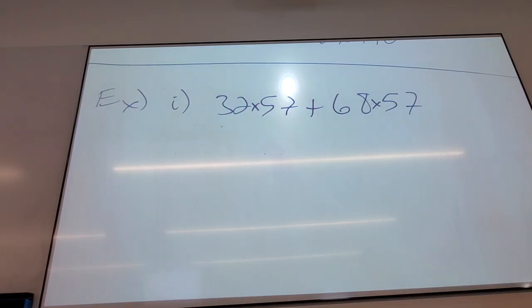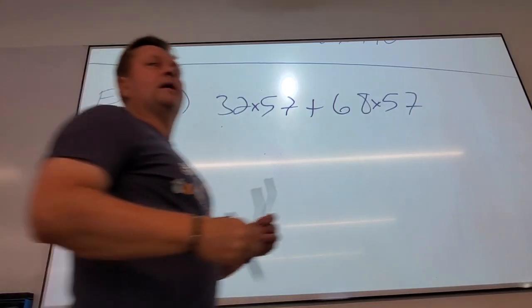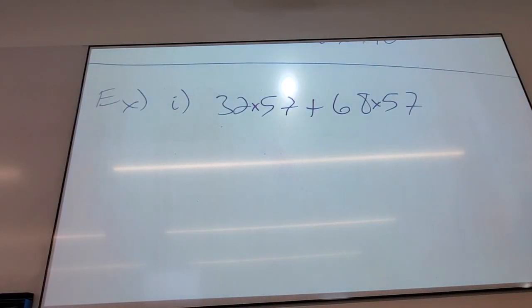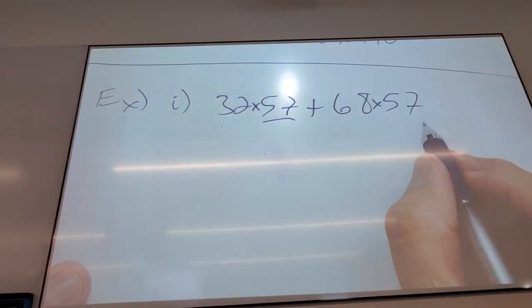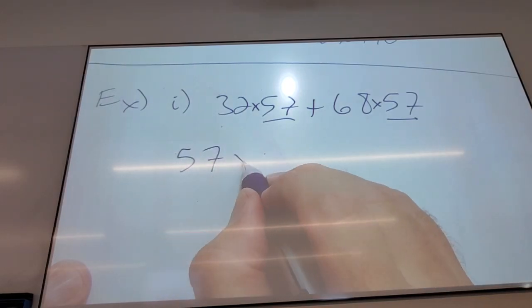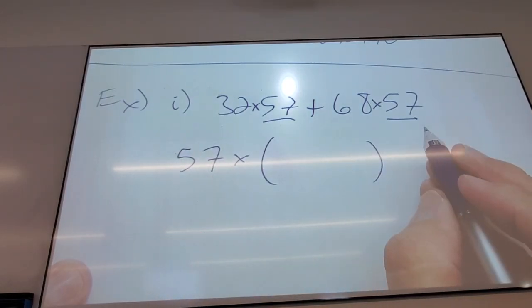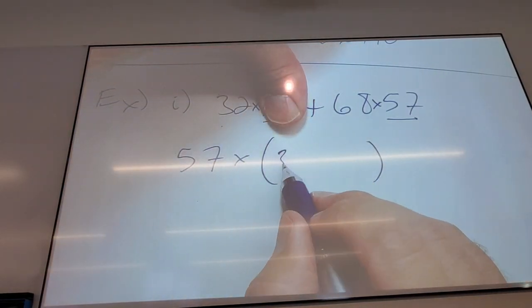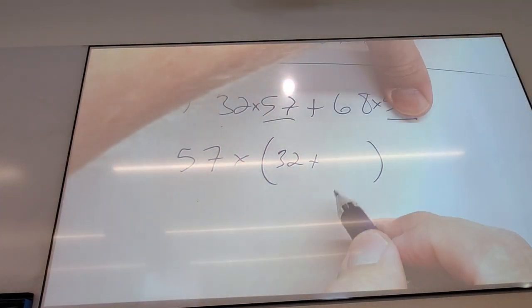So what we're going to do is distributivity in reverse. What did somebody distribute? I'm thinking backwards. What number was given to 2 other numbers that we're adding? So I can write this as 57 times what? 32 plus 68.